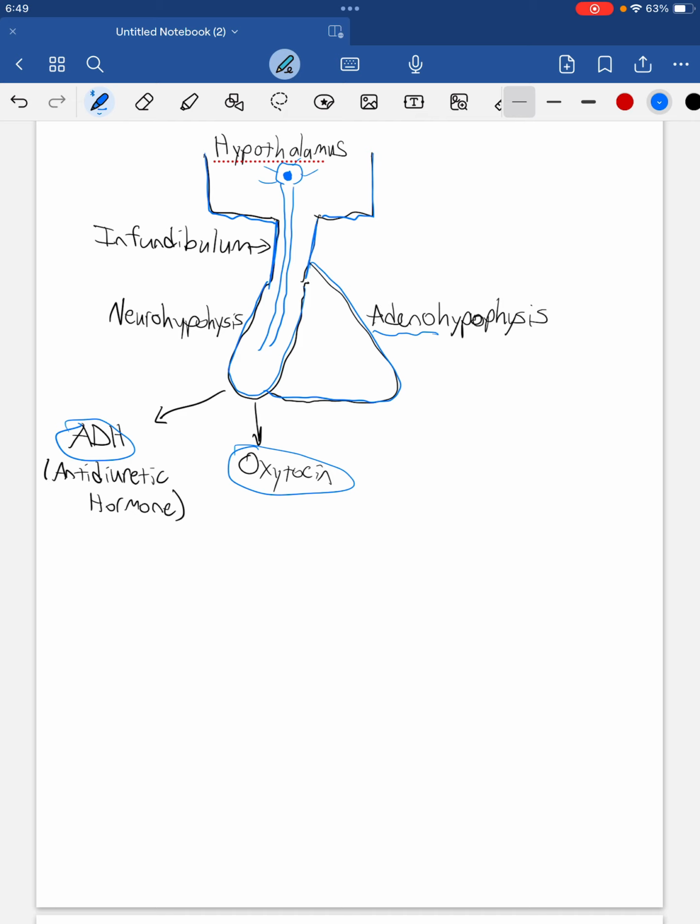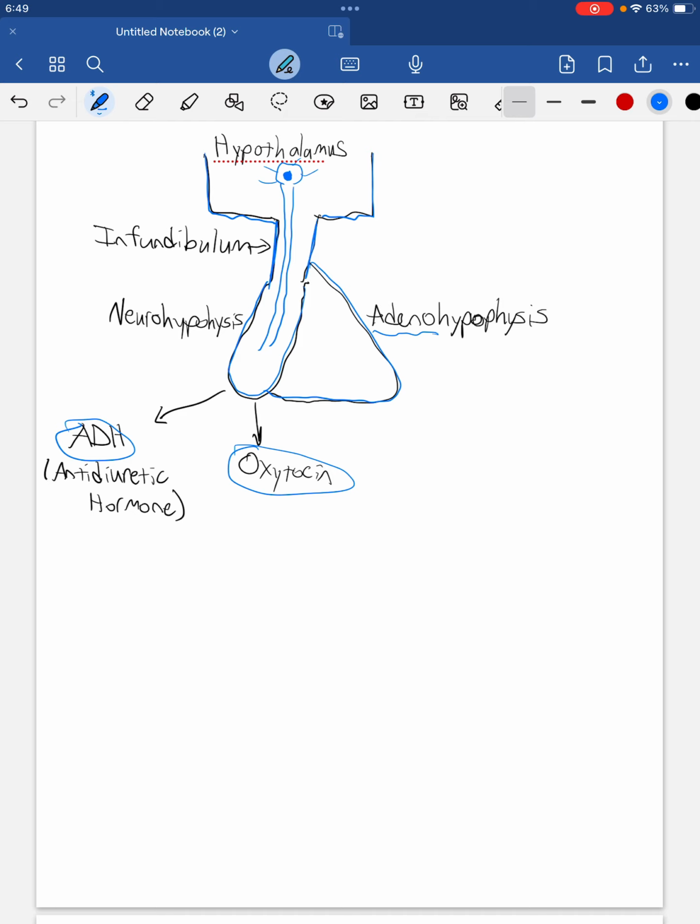So alcohol, if you have ever drank a few alcoholic drinks, alcohol inhibits the release of ADH. So that's why you tend to urinate more often when you drink alcohol.